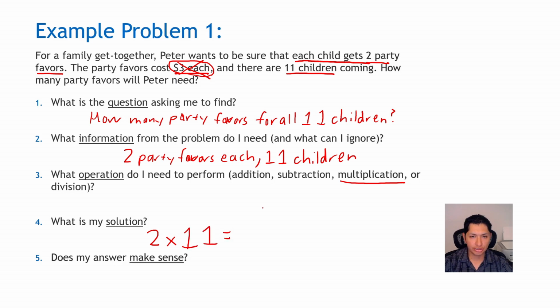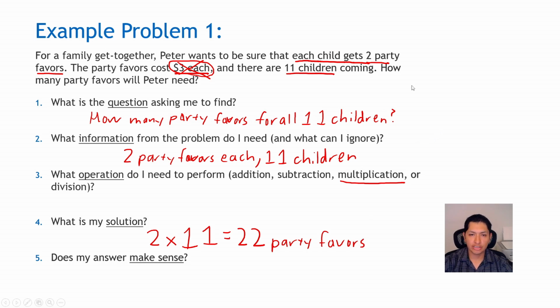This is an operation that indicates that 11 children will get two party favors each. And the answer here is 22. So to the answer of how many party favors for all 11 children, or the original question, how many party favors will Peter need? The answer is 22 party favors. Third time's the charm. I spelled favors correctly.